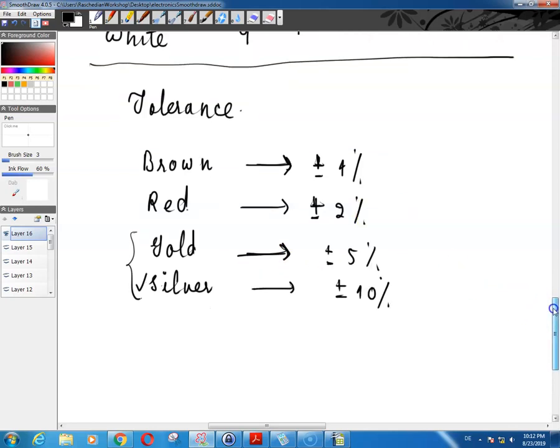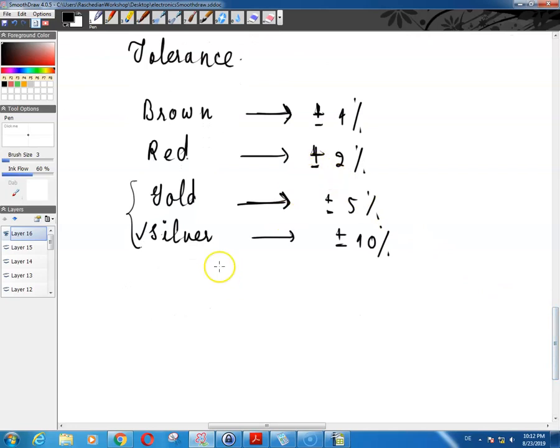Suppose that you have, for example, a 1000 ohm resistor. The color code would be 1 0, and then supposing that there are 4 bands over here, the last one is the tolerance.